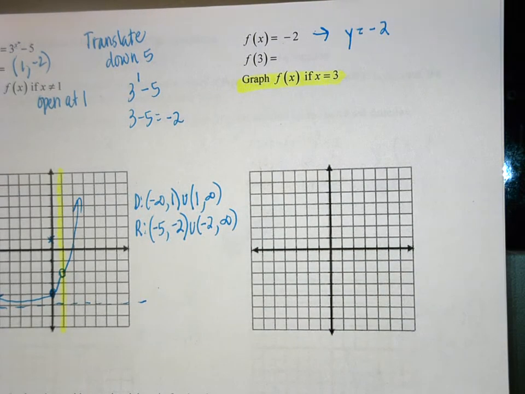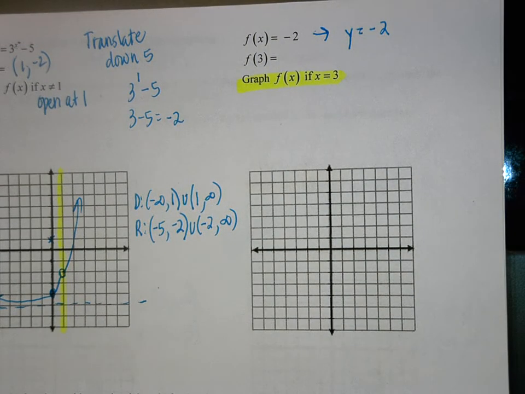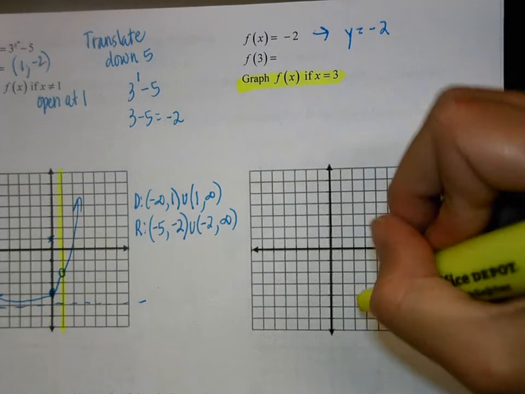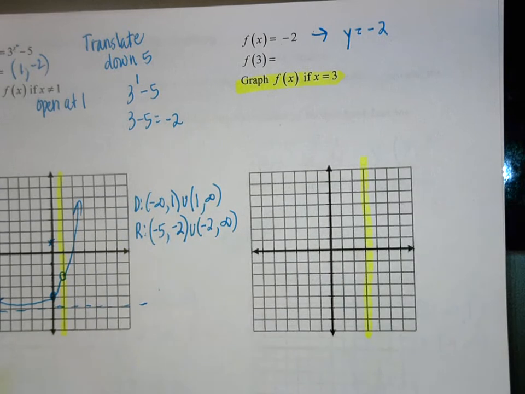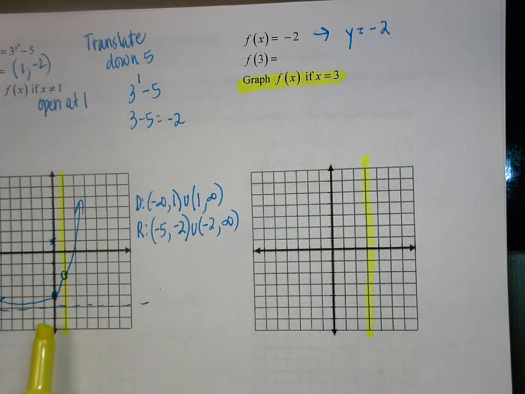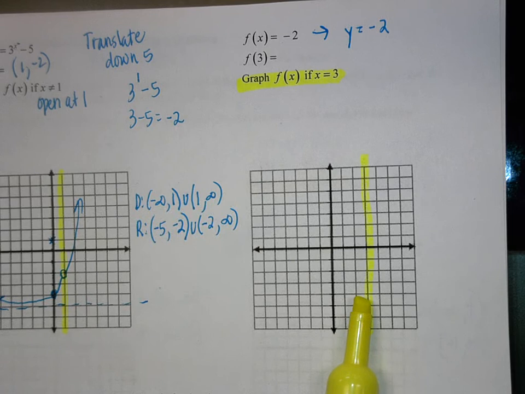So what does that mean? Yeah, you can only give information at 3. So remember at this one, it was an open circle at 1. This one is, you can only have a point on that highlighted line. That's it.